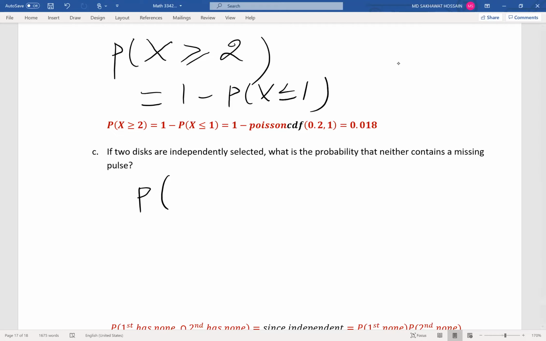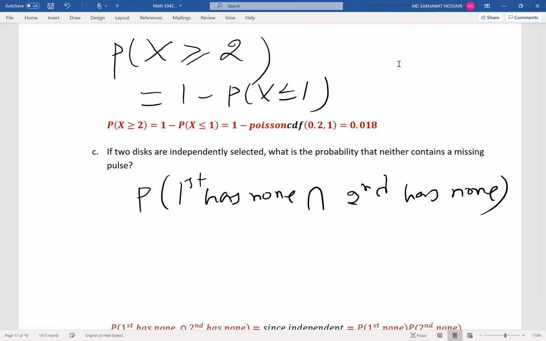So we have two independent events: the first has no missing pulses, and the second one also has no missing pulses. The random variable x is for each disk.